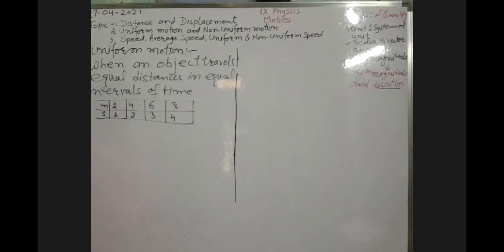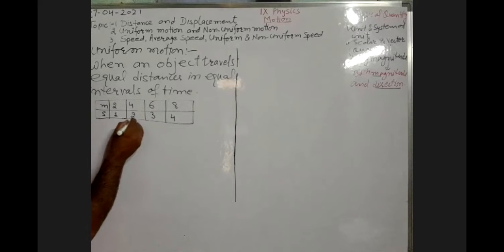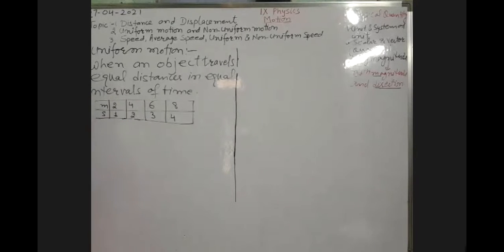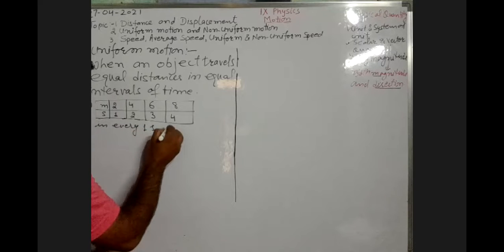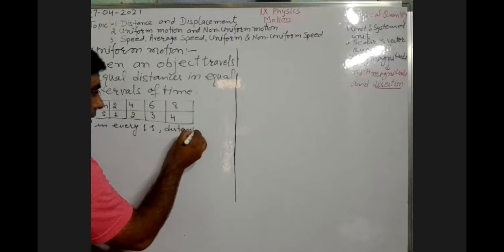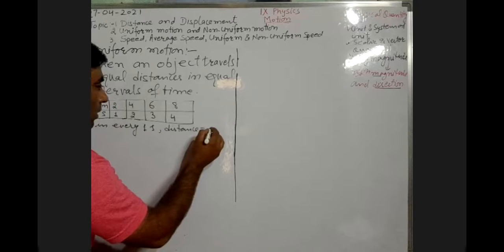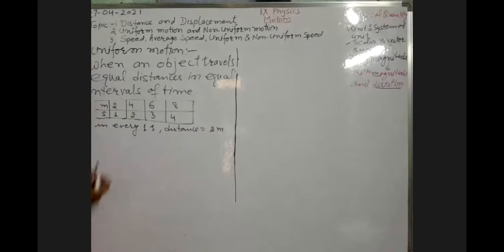So here, in every 1 second, what is the distance traveled? It is 2 meters. In the first second, the distance traveled is 2 meters.